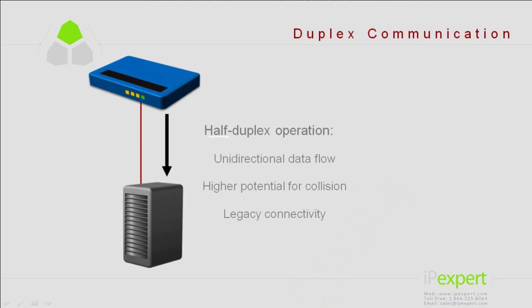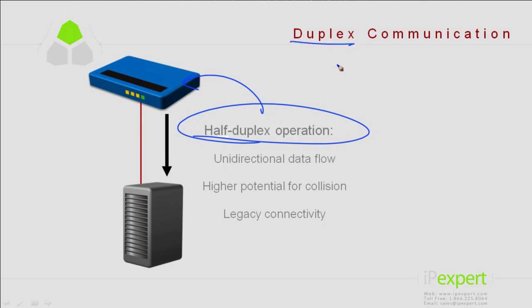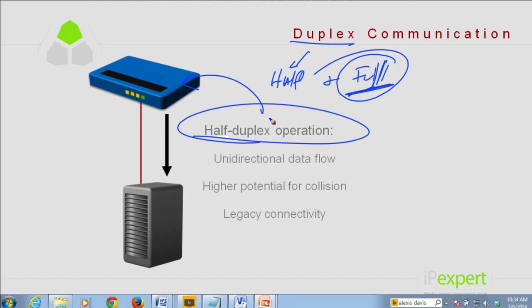What we want to do right now is highlight the fact that we have different modes of operation, and it extends to duplex. Principally, we have two modes: half and full. To get the full benefits of our switches and absorbing collisions, we need full duplex communications.